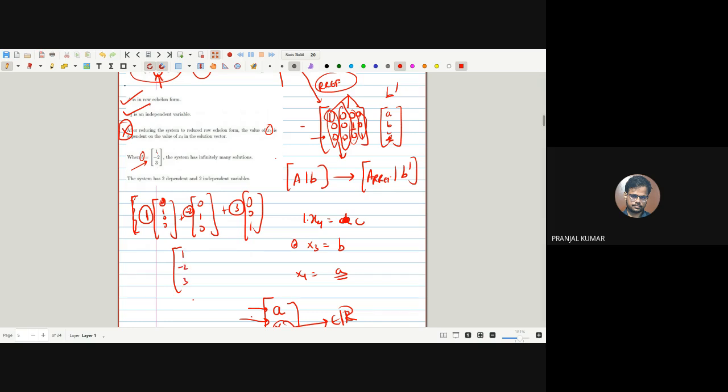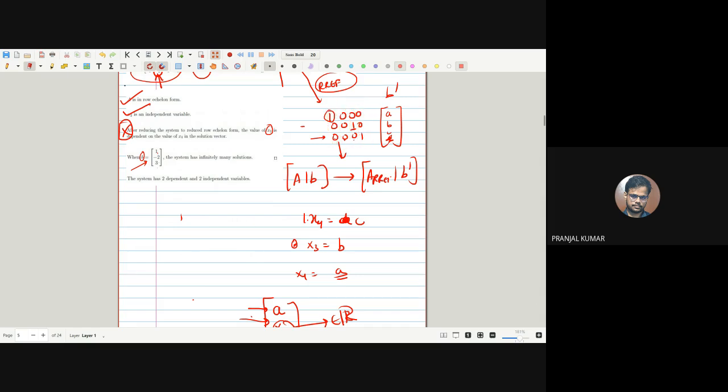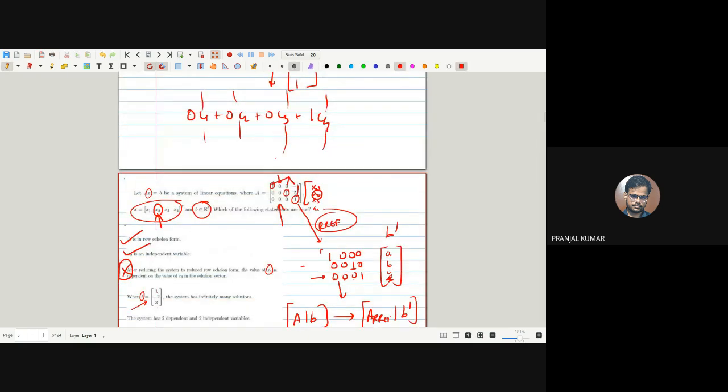Yes or no? Anyone having any doubt? Please repeat. Okay. So see, first of all, A is already given in row echelon form. Yes or no?